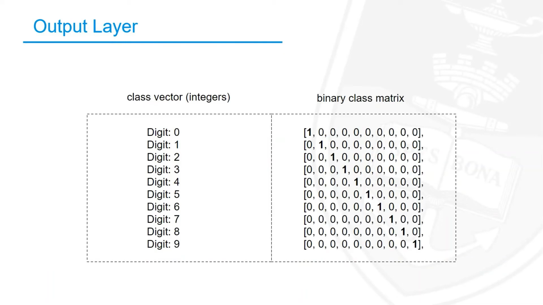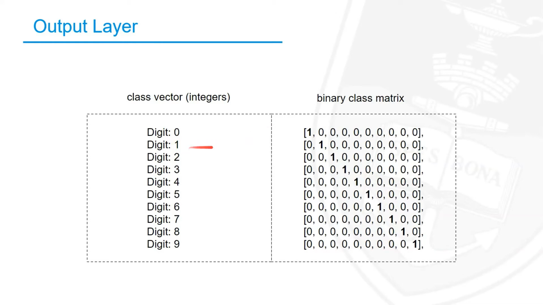We look at the output layer. As I mentioned, there are 10 digits between 0 and 9. However, what we want is, instead of a single output, I'd like to actually classify these as 10 different classes. And the way of doing that is using a binary class matrix, meaning that your output layer consists of 10 digits, and each one of them will be flagged in turn if it represents that digit. So if it is a digit 0, the first element on the output will be raised.